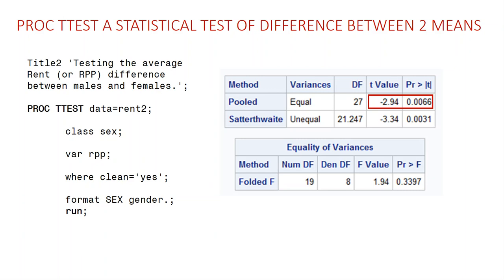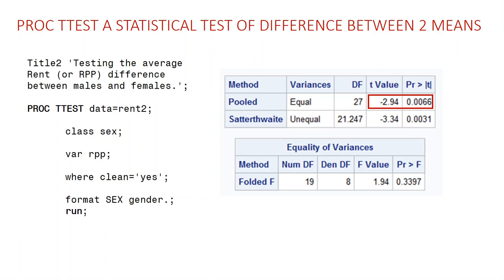As it turns out, you can consult any statistical text on this: if the unknown population variance of rent per person for females is different than rent per person for males, then an adjustment has to be made. And this adjustment is called the Satterthwaite adjustment, and you can look this up in the SAS documentation and find a great deal of information on it.